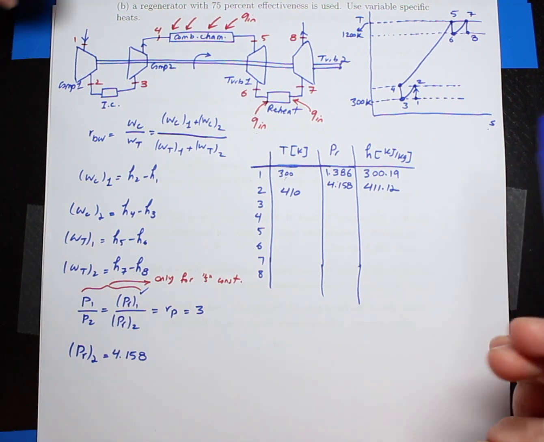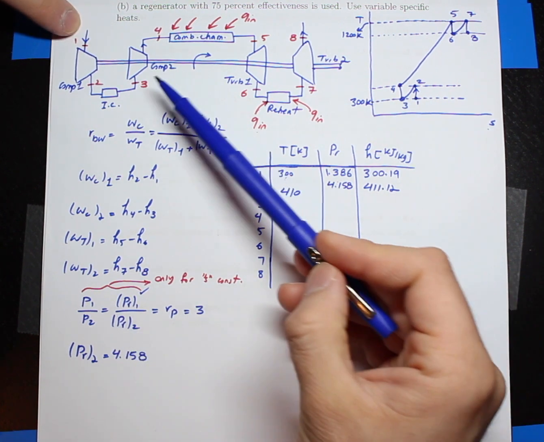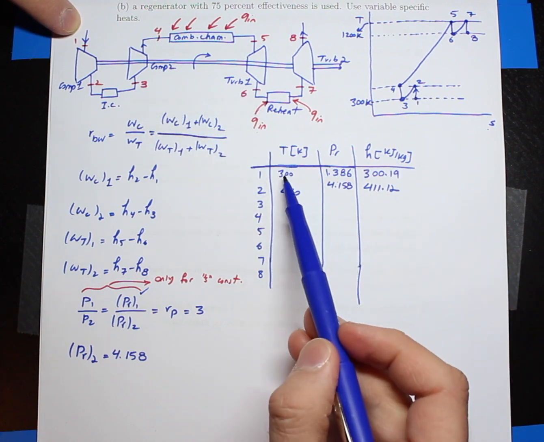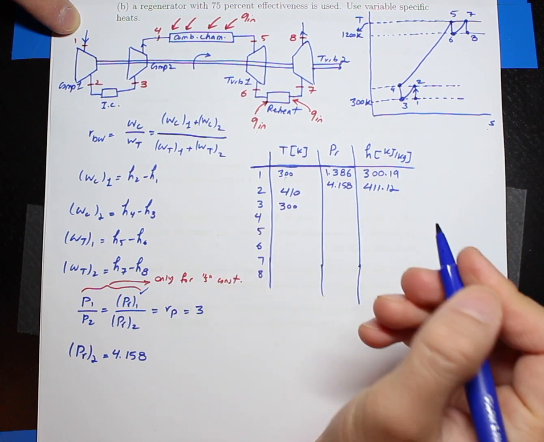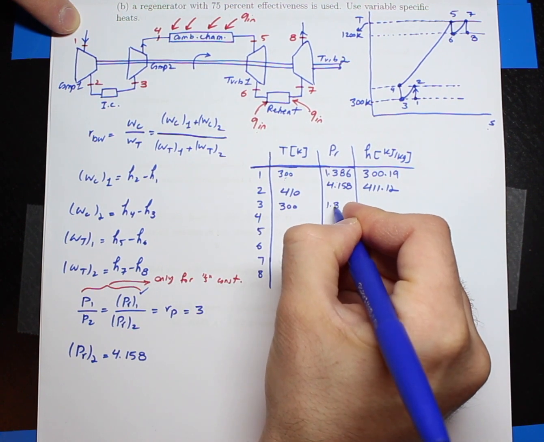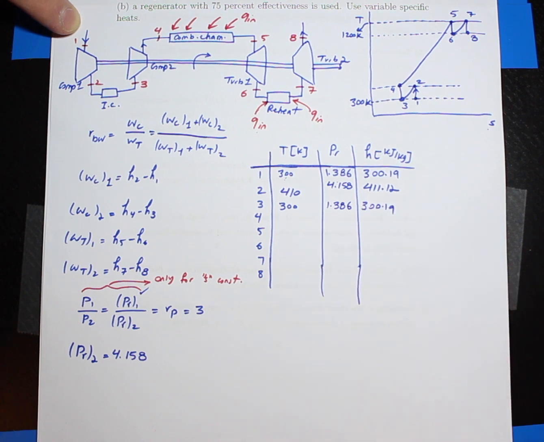Okay. Now, points 1 and 3 are exactly the same. They are both the inlet of the compressors. This is point 1 and this is point 3. So that means I can just copy this line for line 3. My temperature is 300 Kelvin, my PR is the same value, and my H is also the same value.